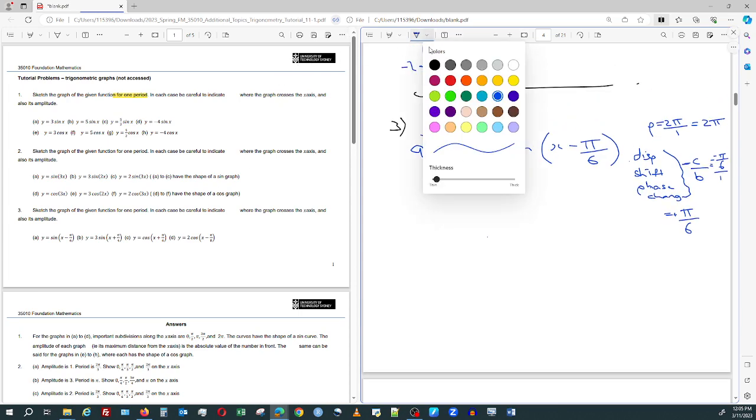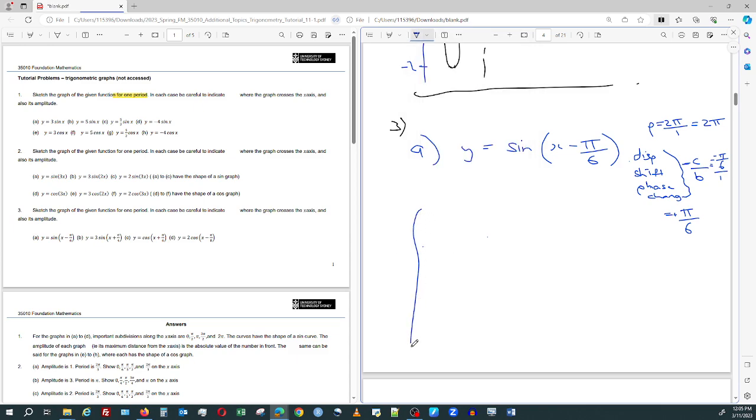So let's go back and do what? We're going to do a sine wave, and the sine wave is going to go like that. Actually, I'm going to make that a bit bigger because this is sine. Amplitude's the same.